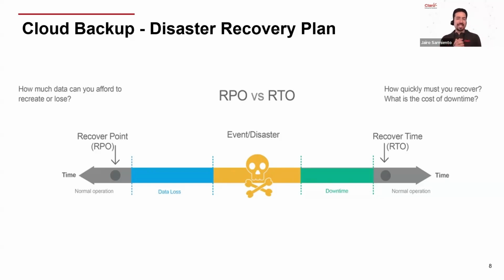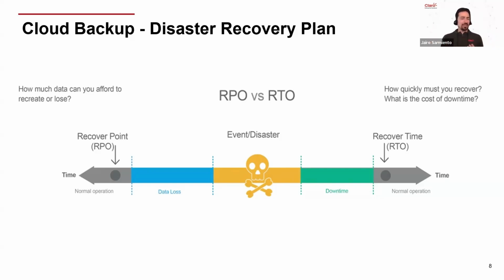So how long is it going to take me to recover all that important information that I need, sales information, or maybe data for a device driver development company, for example. And the RTO is the recovery time objective, so the maximum amount of data that can be lost during a disaster. So how much data can I afford to lose during a disaster before my company doesn't work anymore.